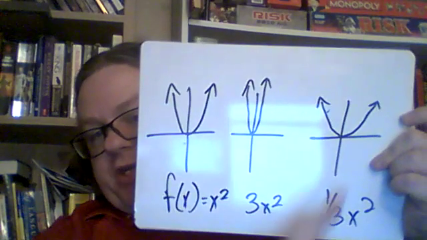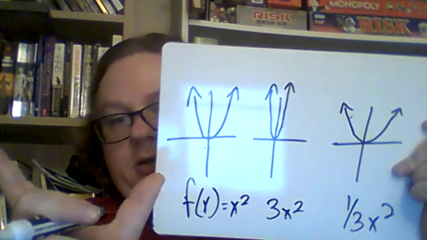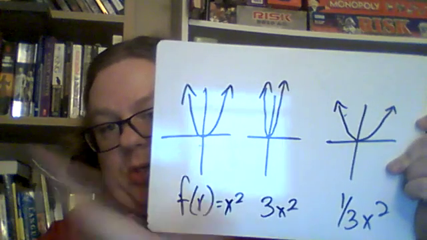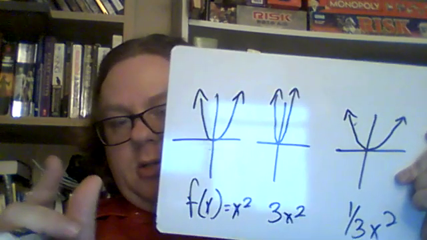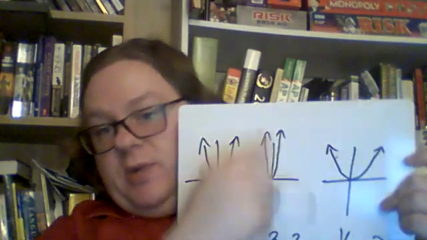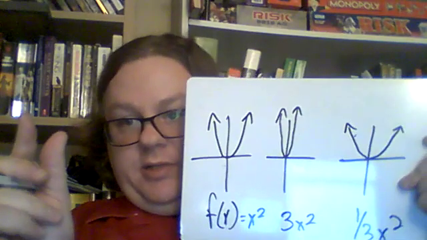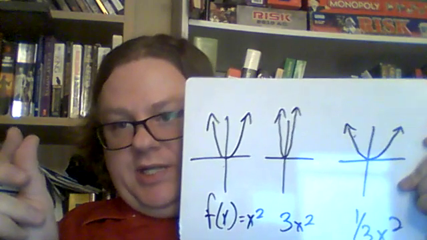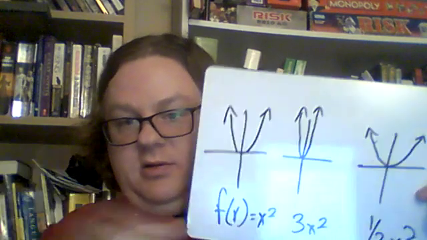The smaller the fraction, the more spread out it's going to get. The bigger the normal number, the narrower it will get. But it'll never touch the y-axis with this. It'll get close, but it'll never actually touch. It'll always have a little bit of space there.